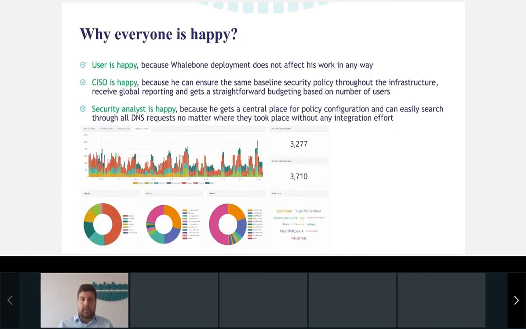Okay, this is again to the happiness of all the people involved, being able to define the common security policy. On the lower part of the slide, you are able to see an example of the security dashboard of such a network, being able to identify different threats and distinguish what happens to them, if they have been blocked or not, based on the policy that was provided by the security team, and being able to drill down deeper to see what actually happened. So yeah, everyone is pretty much happy there.